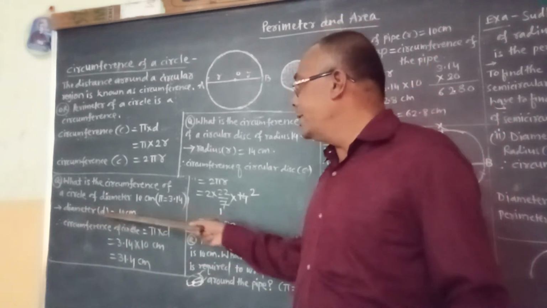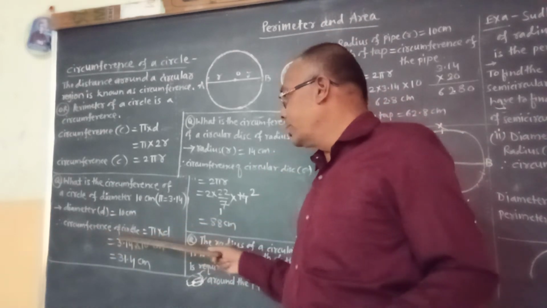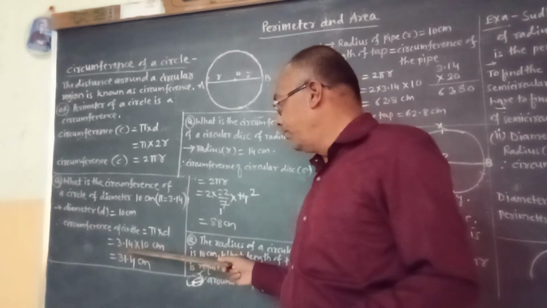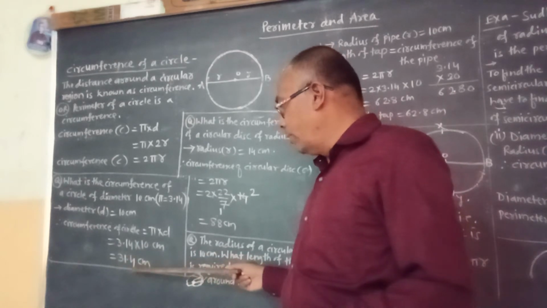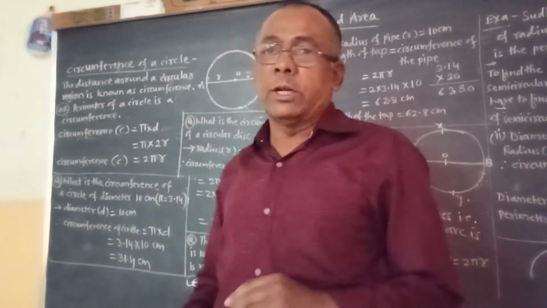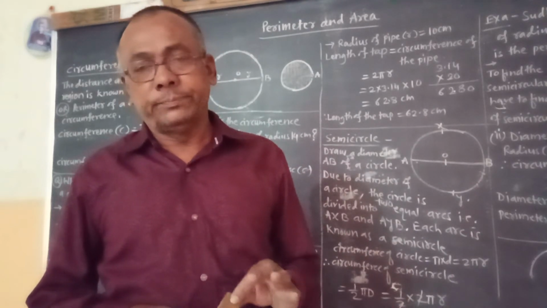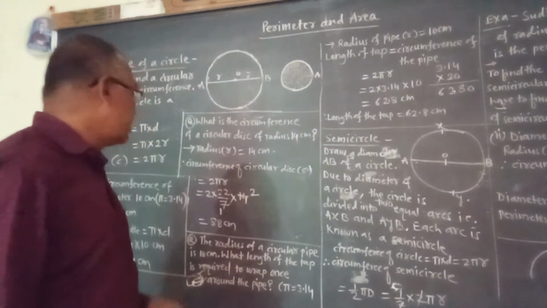So diameter d is equal to 10 centimeter. Therefore circumference of a circle is equal to pi into d, that is 3.14 into 10, and the product will be 31.4 centimeter. So circumference of the circle having diameter 10 centimeter is 31.4 centimeter.